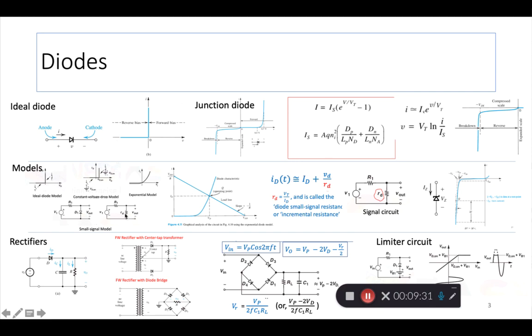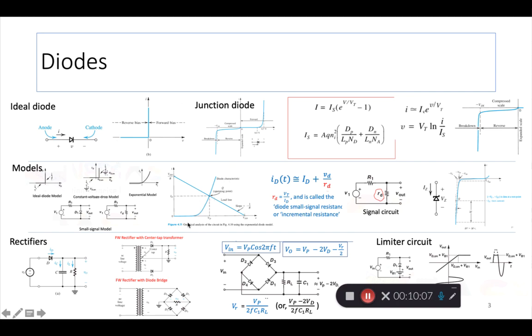So in the small signal model, the diode is just replaced by a small resistor called Rd, right? And then once you draw a circuit like this with an Rd, I also introduced you to the idea of the load line, and how, with a given load resistor, in this case I think it's R1, you can actually draw a load line, and then you put that on top of the natural characteristic of the device.